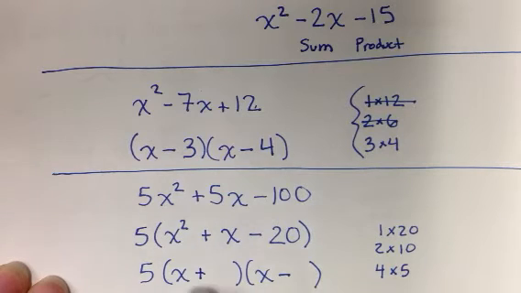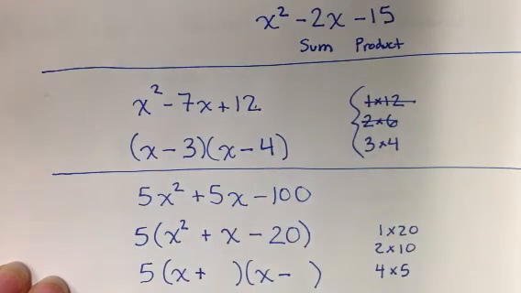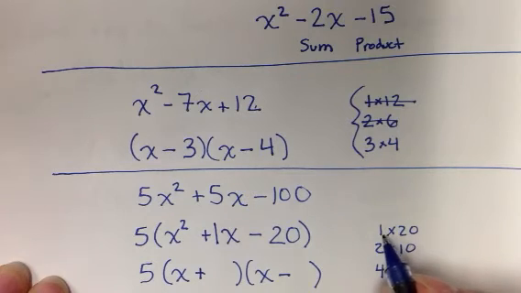Now, if the signs are different, when I take their sum, I'm actually subtracting them. I'm finding the difference between them. So I'm looking for the difference of these to be a positive 1. The difference between 1 and 20 is 19. The difference between 2 and 10 is 8.